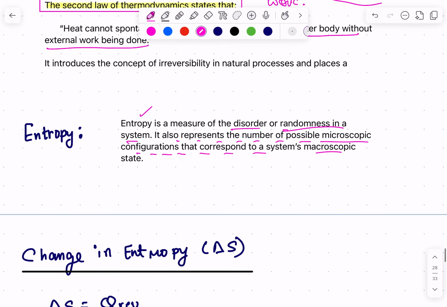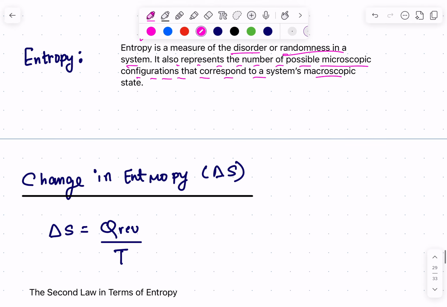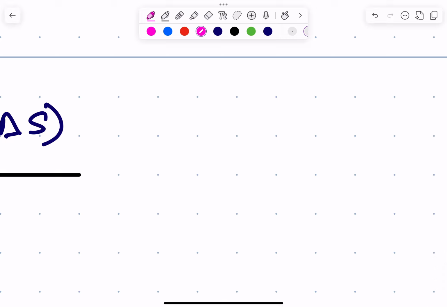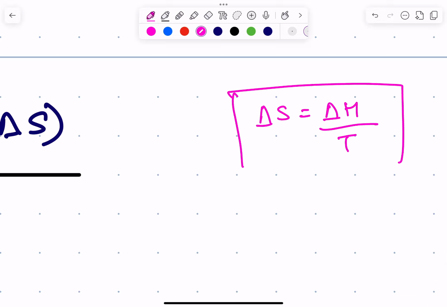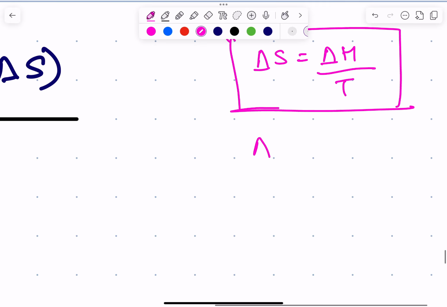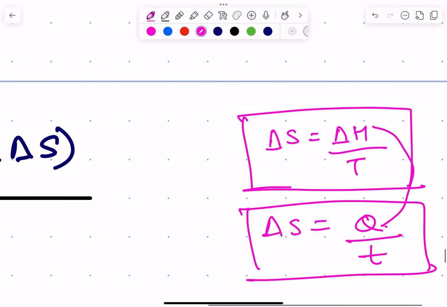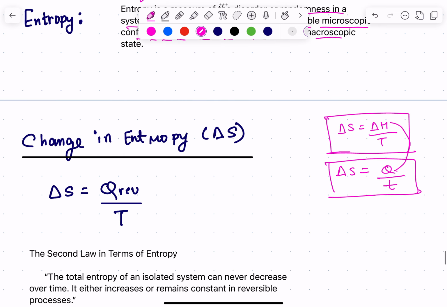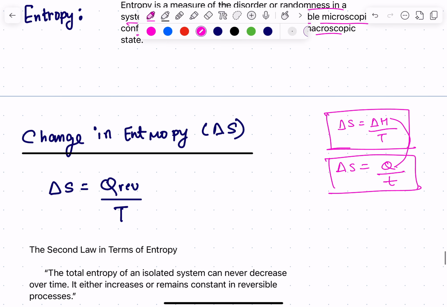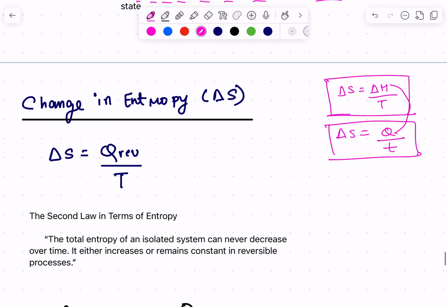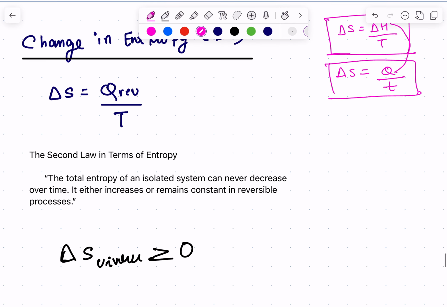And one more important formula is coming up: delta S is equal to delta H upon T. This is the formula for entropy, or delta S is equal to Q upon T, because Q and H are different in meaning but here they are the same. So make sure that you know the formula for entropy, and you also know what entropy means.